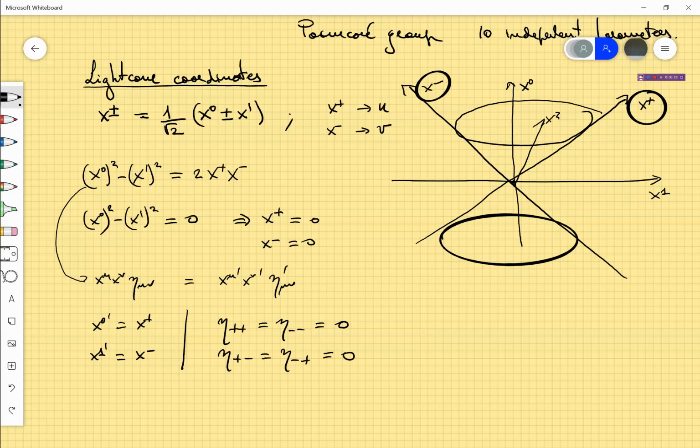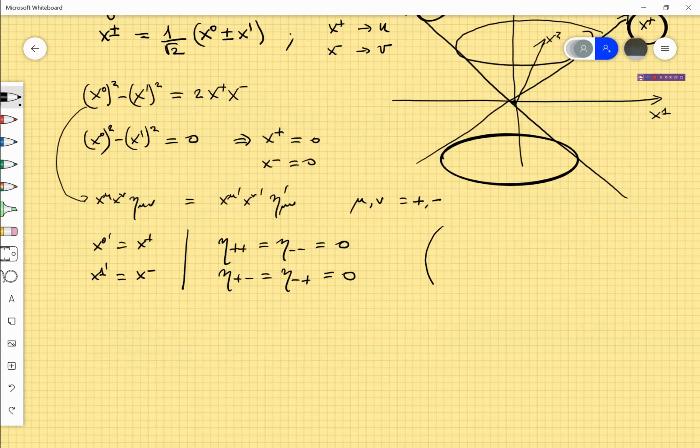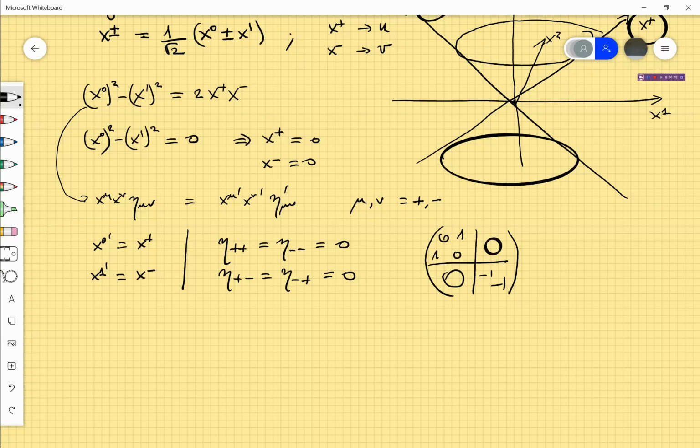Okay, so mu and nu now take values plus and minus. This matrix now is off diagonal. x2 and x3 are not affected, but here we have 1 1 0 0, because this is 0 and this is 0.